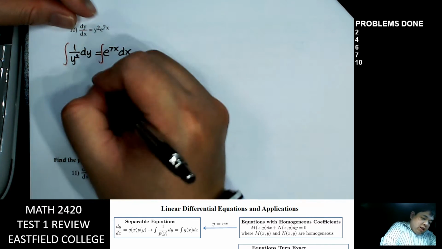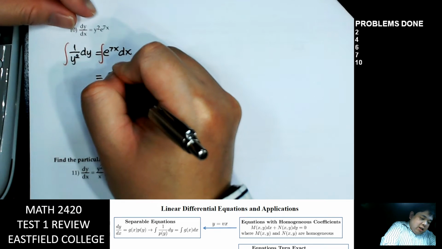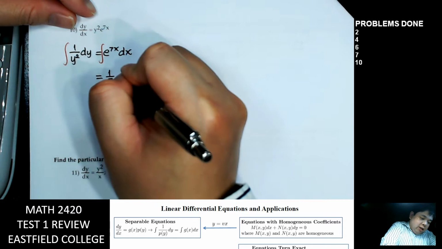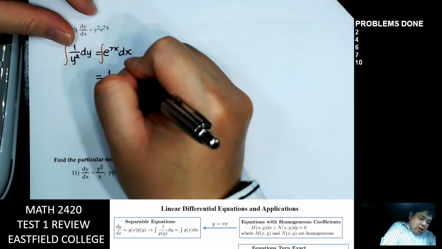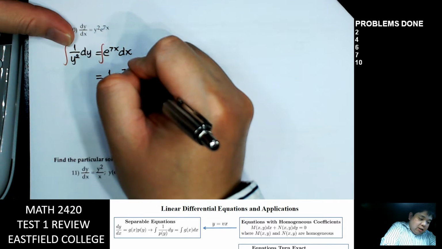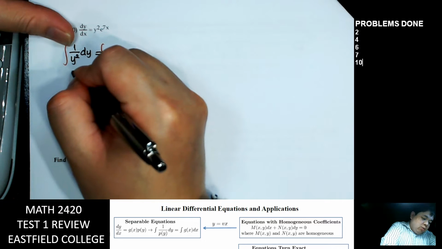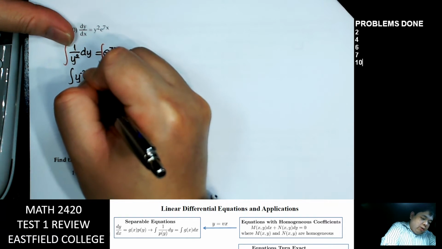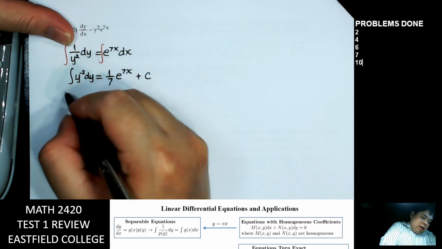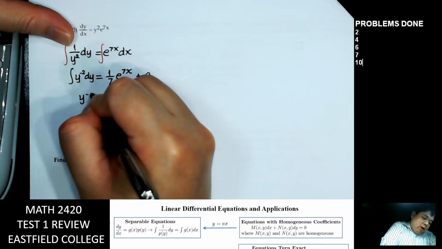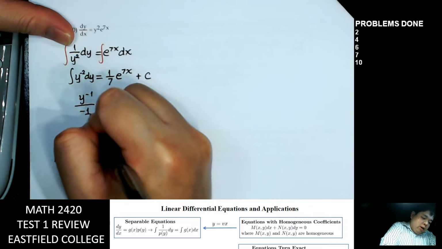The integral of e to the 7x is 1 over 7 e to the 7x plus c, and the integral of y to the negative 2 dy will be y to the negative 1 over negative 1.